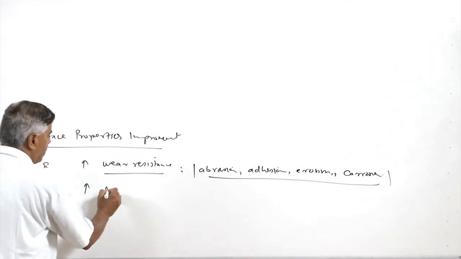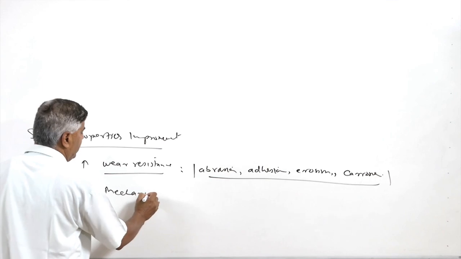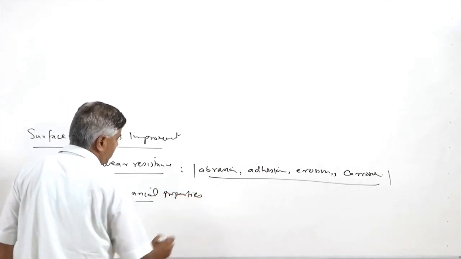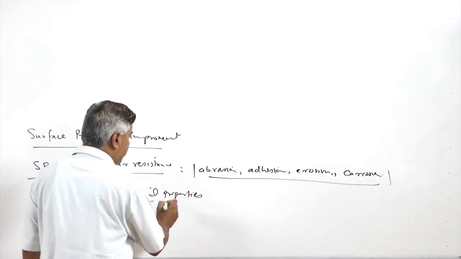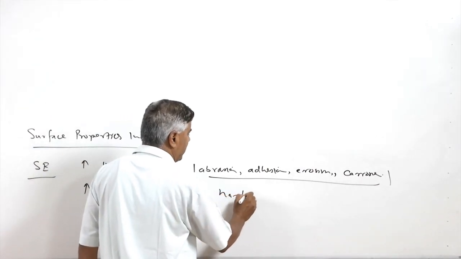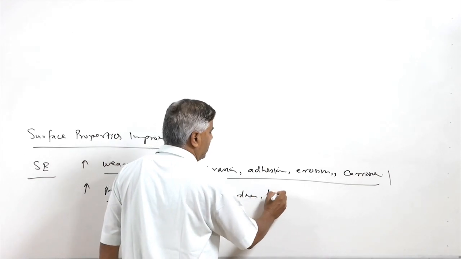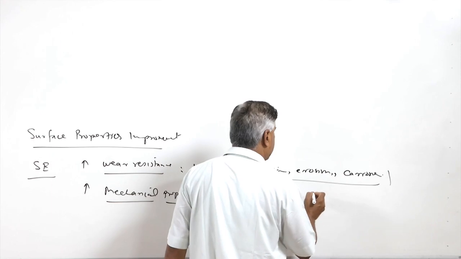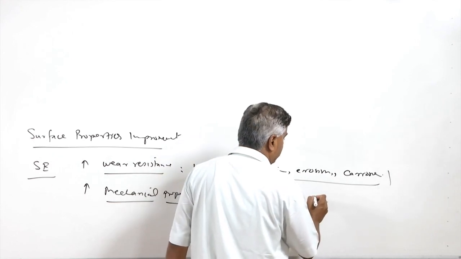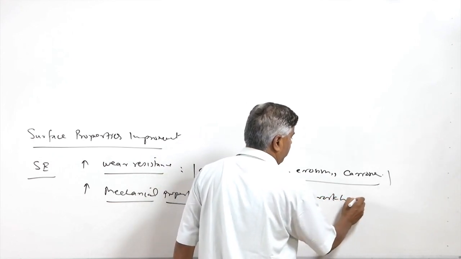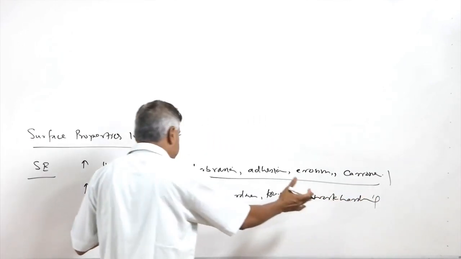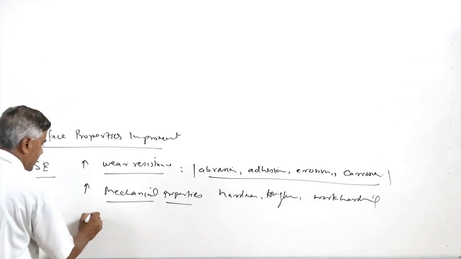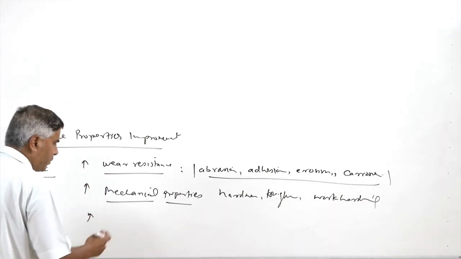Another purpose is to improve the mechanical properties so that the component can sustain service loads more effectively. For this, the hardness and the toughness at the surface are increased, and the work hardening behavior is improved, so that the component can survive the real service conditions more effectively.